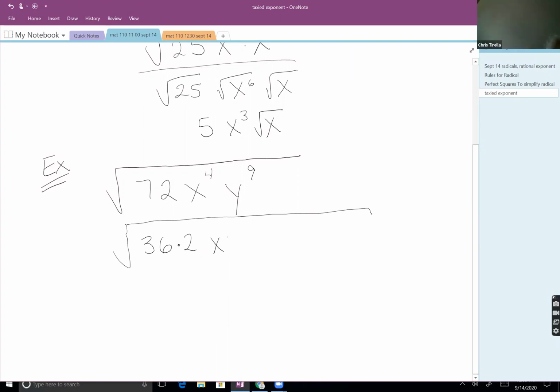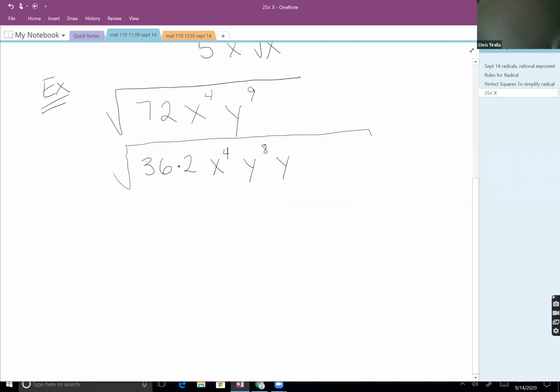X to the 4th, it's even, it is a perfect square. Y to the 9th is not even, it's not a perfect square. So we'll change that into y to the 8th times y. Now, I look at this and it reminds me of a whole bunch of kids trying to share a party hat. Never works. So I'm going to give them each their own little hat.